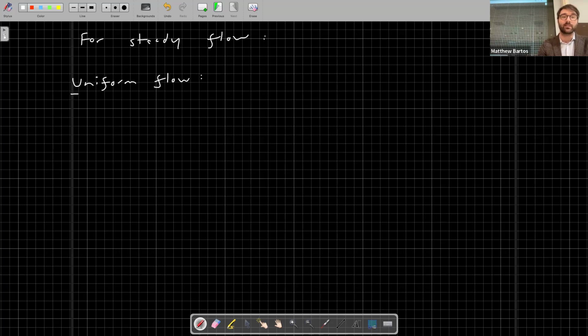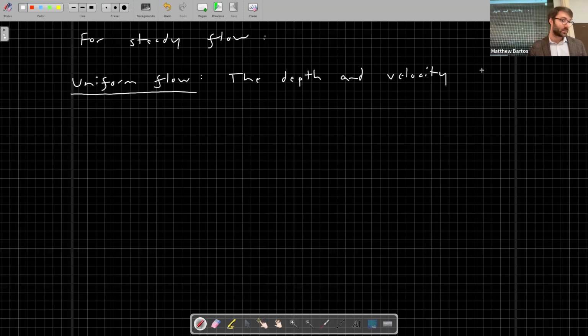So we'll be looking at this case extensively over the next couple of weeks. And uniform flow is basically the simplest possible case we have, where the water depth and velocity remain the same throughout the length of the channel.